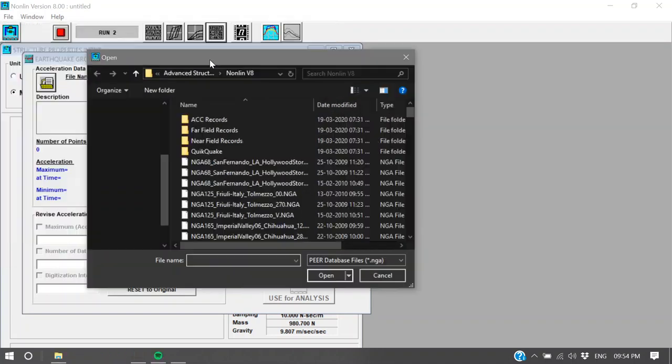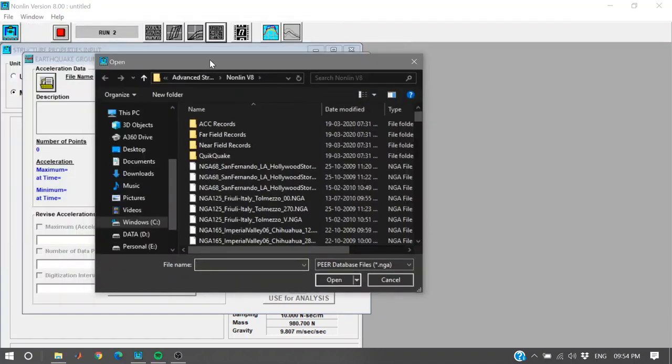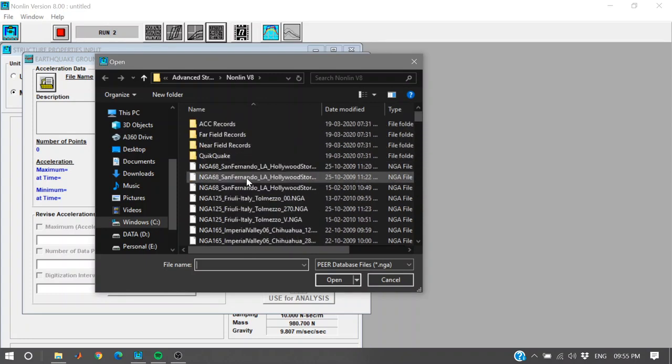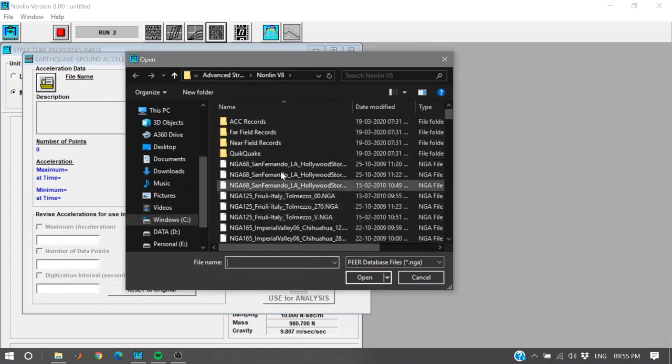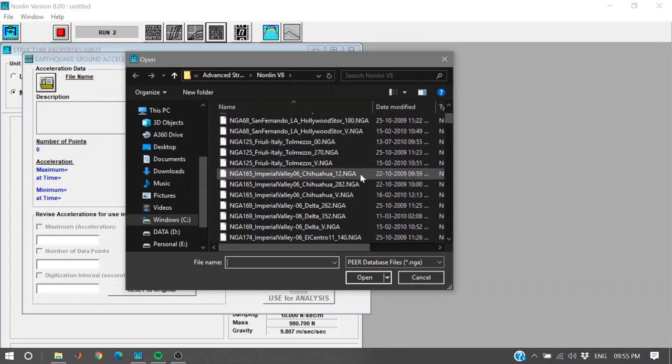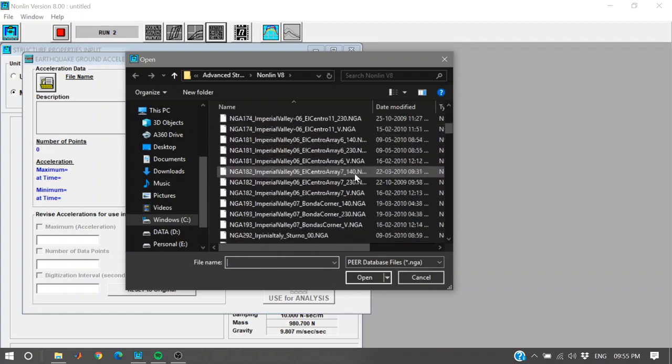When you install NONLIN software, a set of earthquake time histories directly gets installed in your system. We need not install them separately. While installing this software, these already get installed. So I can select any earthquake data from these given parameters.